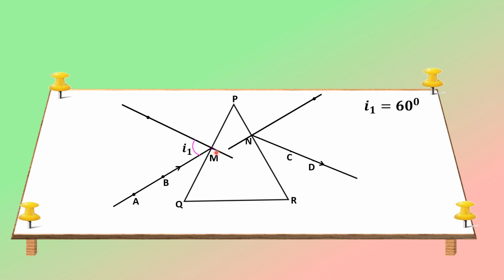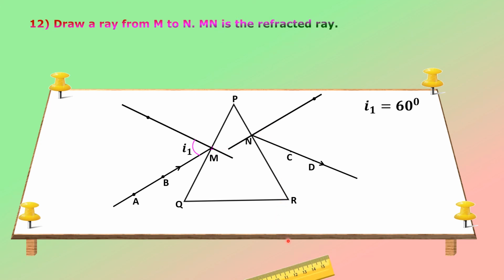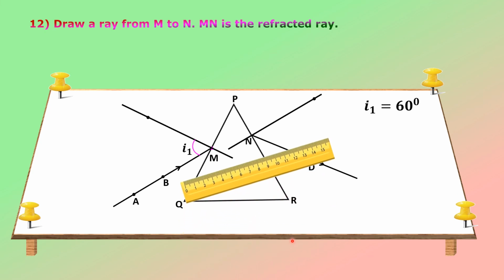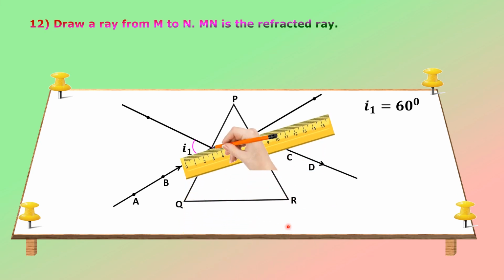Now let us draw the refracted ray by joining M and N. Draw a ray from M to N. So MN will become the refracted ray. Let us draw it. This is the refracted ray.